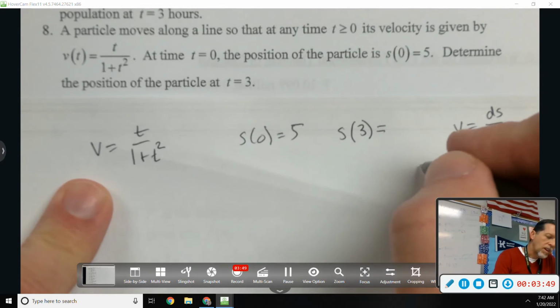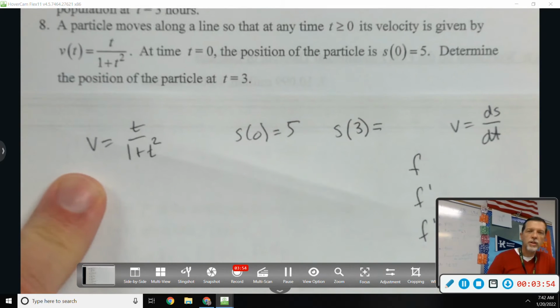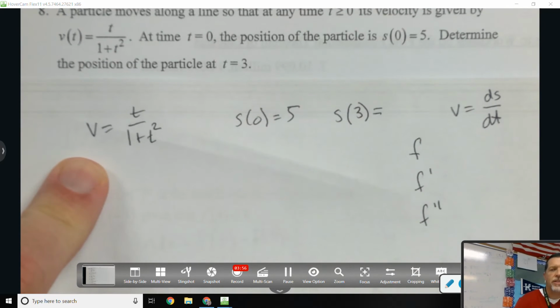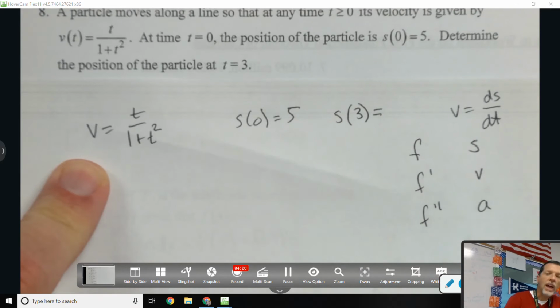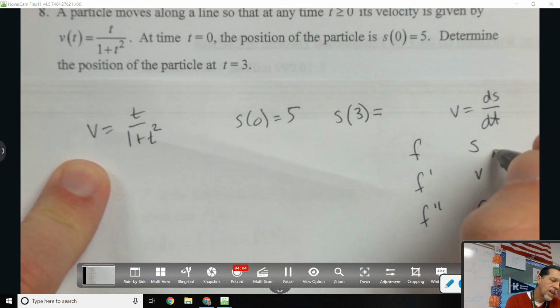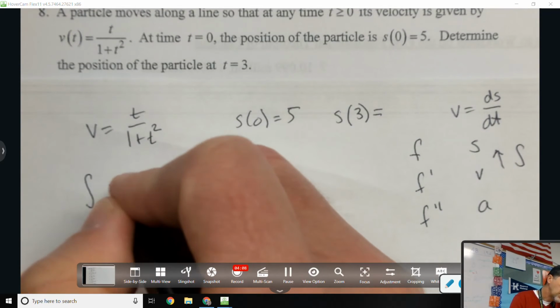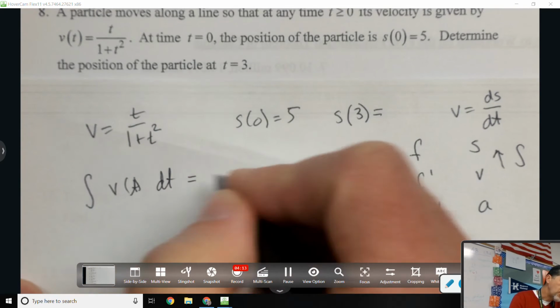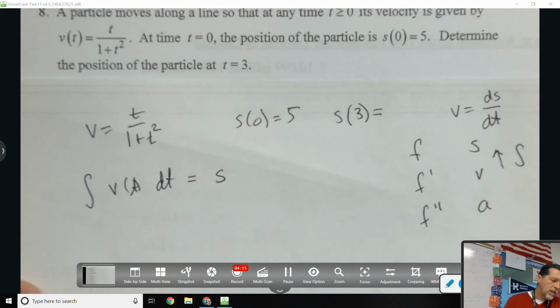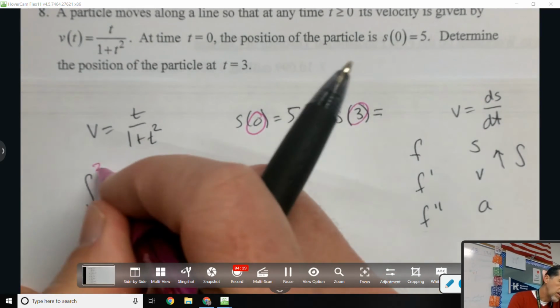Earlier we were looking at f prime and f double prime, and going up and down the ladder for that. It's sort of the same thing here, s, v, and a. So if we're at v and we want to get to s, that's an integration. So let's integrate v. I'll plug it in a minute. And that should give us s. And then the t values in this case, 0 to 3.